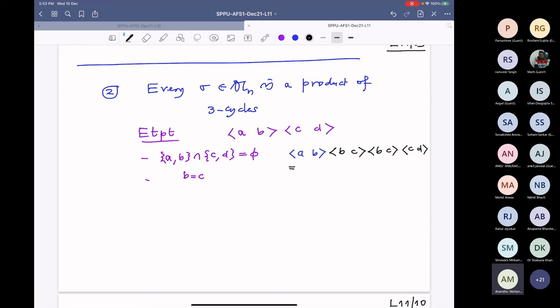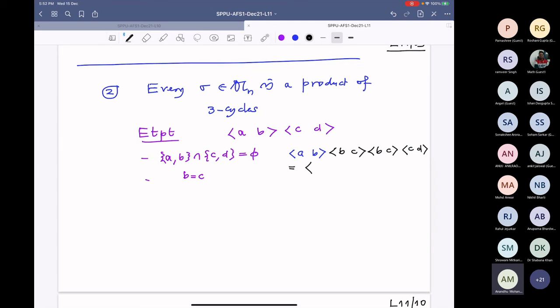How do you compute? You start from this side. Start from C. C goes to D, D is fixed, so C definitely goes to D. Where does D go? D goes to C. I will write the resultant, that will save some time.